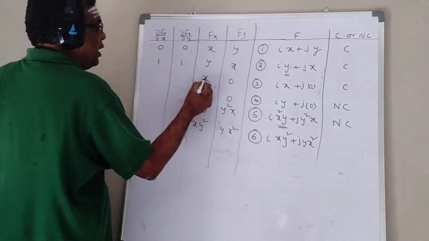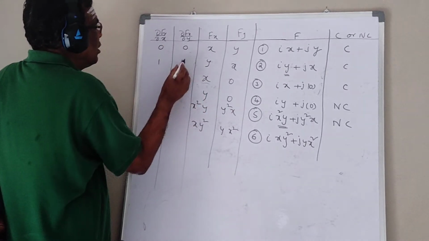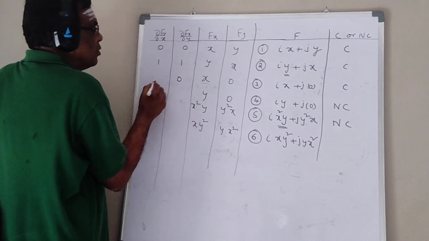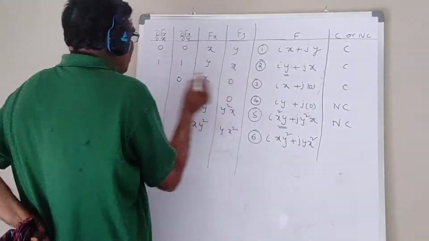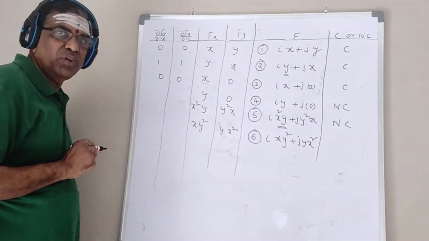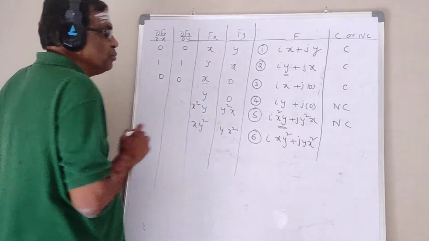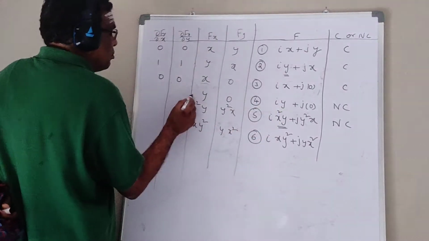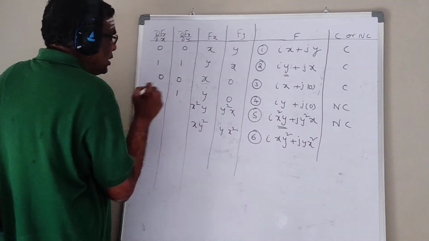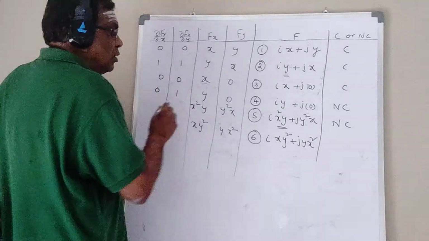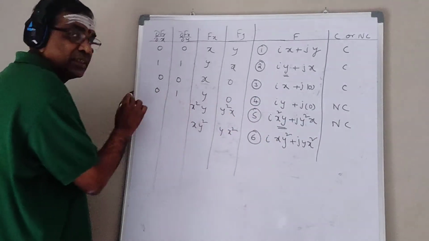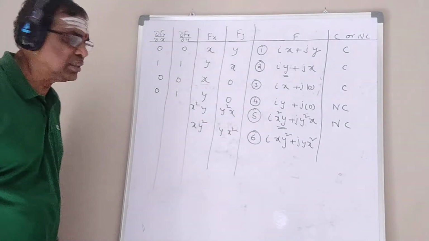With respect to y, this is 0, and this other one is anyway 0. Therefore it is conservative. Now come to this. With respect to y, this is 1. With respect to x, 0. Because these two are not the same, it is non-conservative.